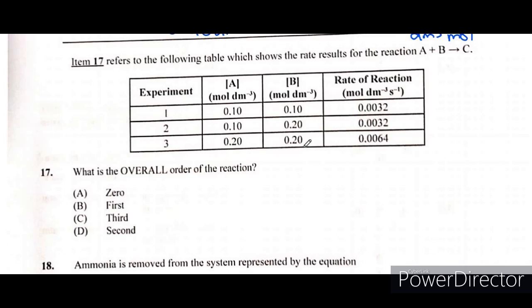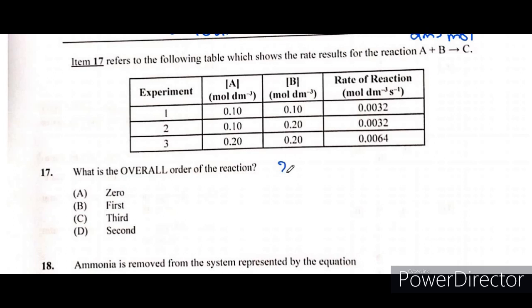Okay, let's find the order with respect to A first. So here and here, B is constant. So we see where this increases from 0.10 to 0.20. So that increases by a factor of 2.